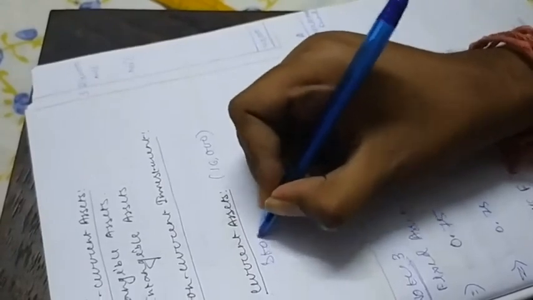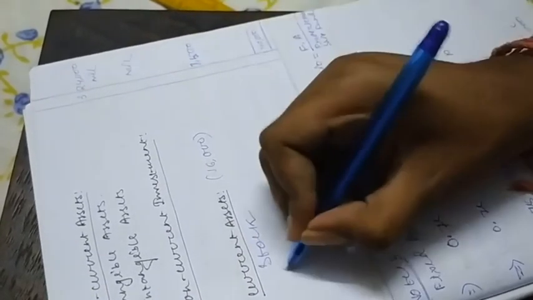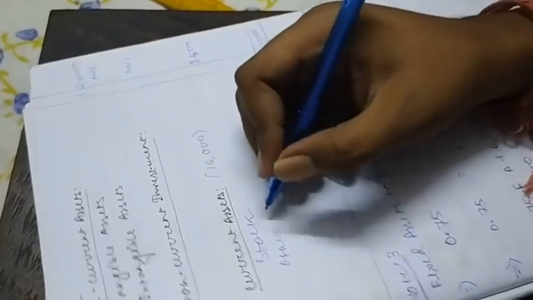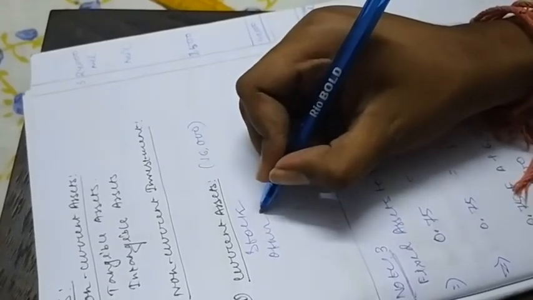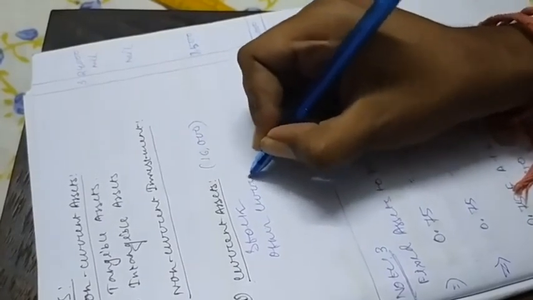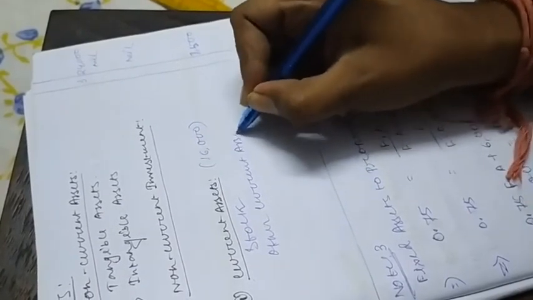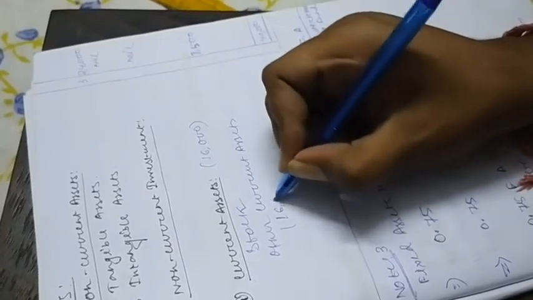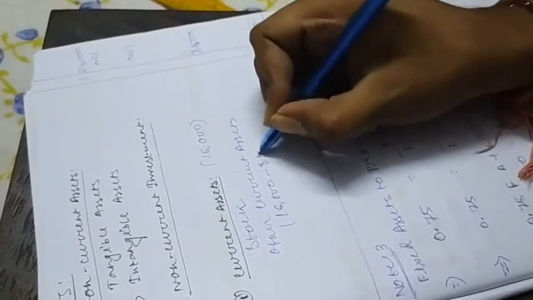So stock is 8,500. We don't know other specific current assets, so we write other current asset, and that is 16,000 minus 8,500, which is 7,500.